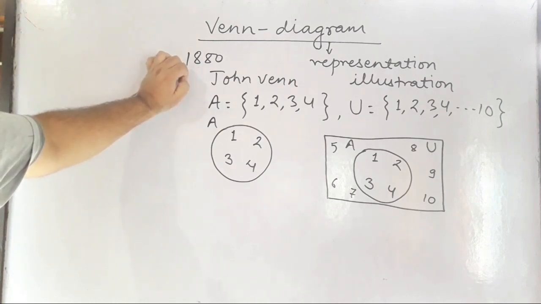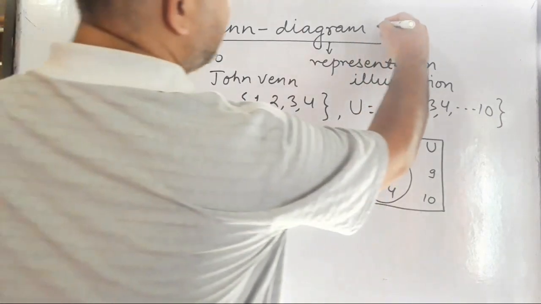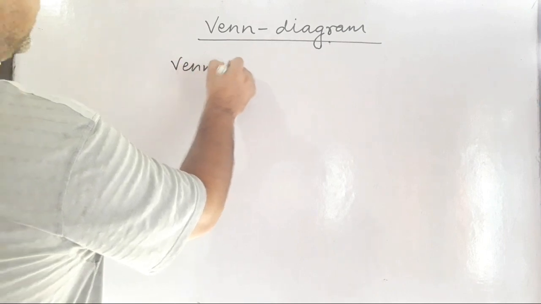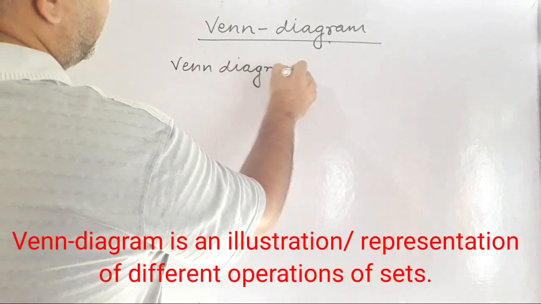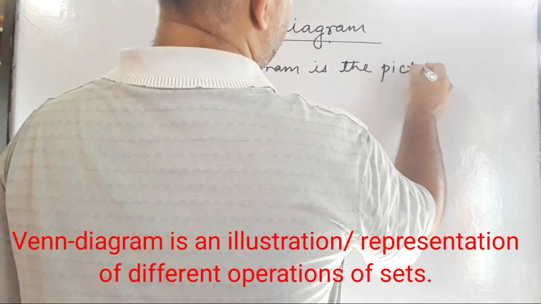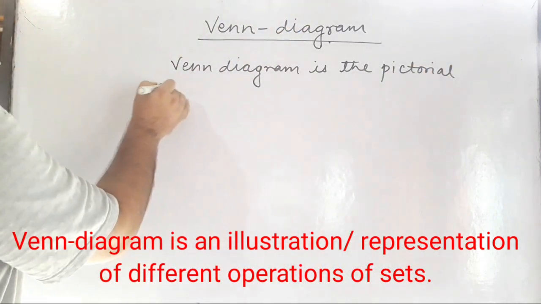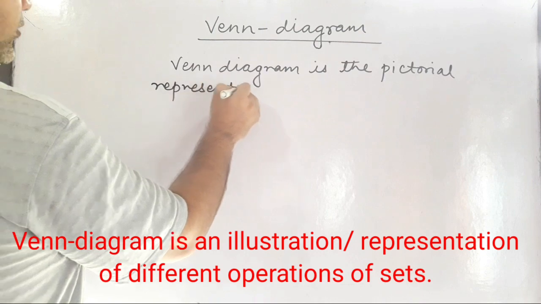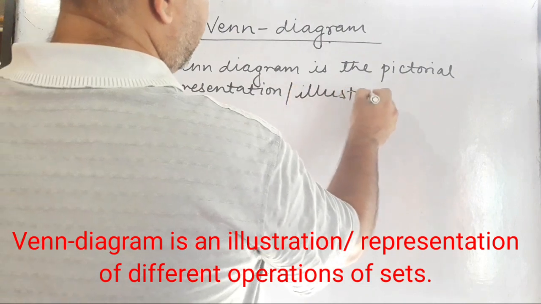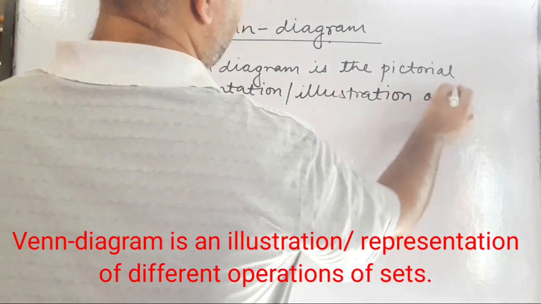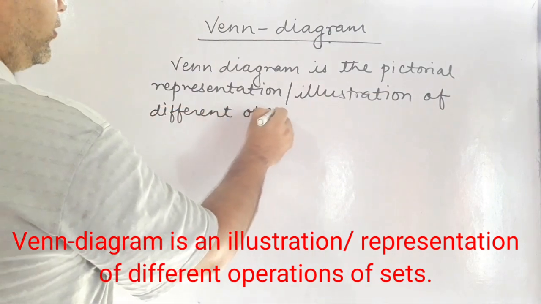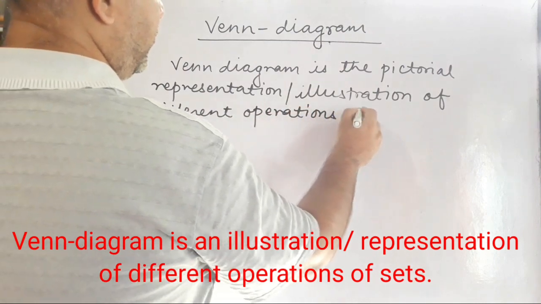Those pictorial representations of sets are known as Venn diagrams. So a Venn diagram can be defined as the pictorial representation or illustration of different operations of sets.